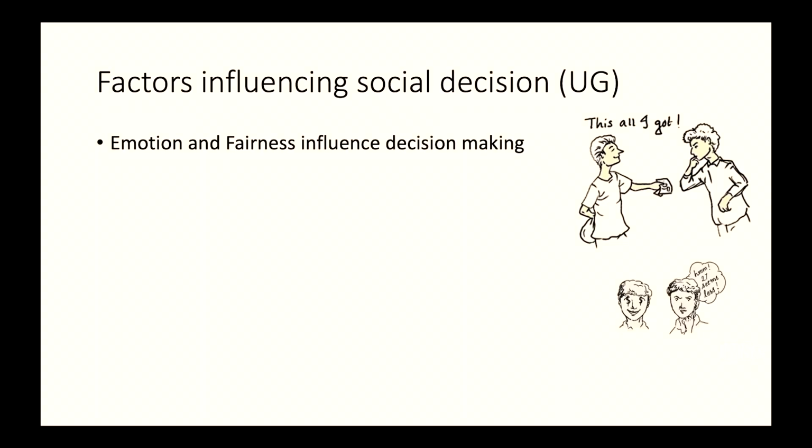So what are the factors that influence social decisions under the pretext of the ultimatum game? Emotion and fairness have been consistently key motivating factors for rejection or acceptance by the receiver.